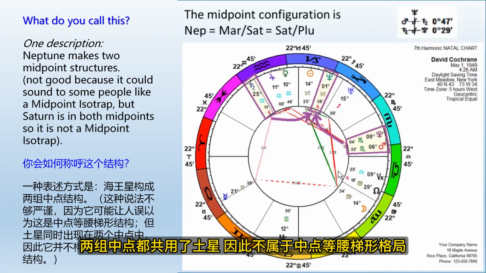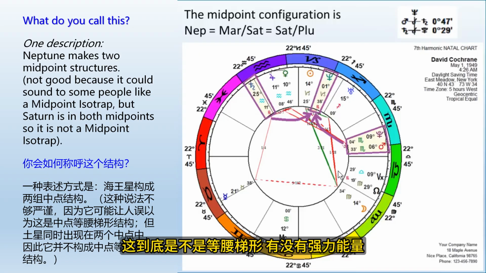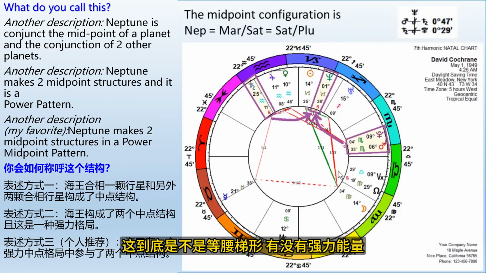Saturn's in both midpoints, so it is not a midpoint isotrap. So just saying Neptune makes 2 midpoint structures is true, but a little confusing. I don't know if it's a midpoint isotrap or if there's a power thing going on.